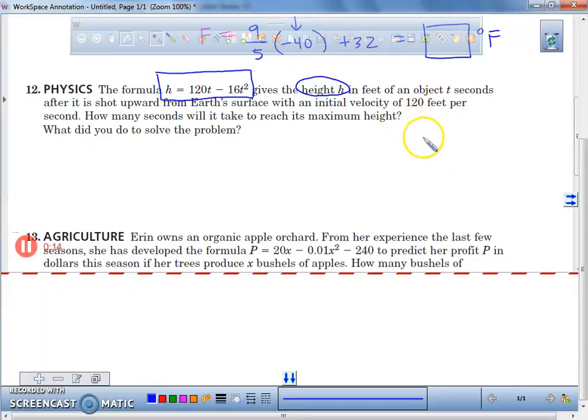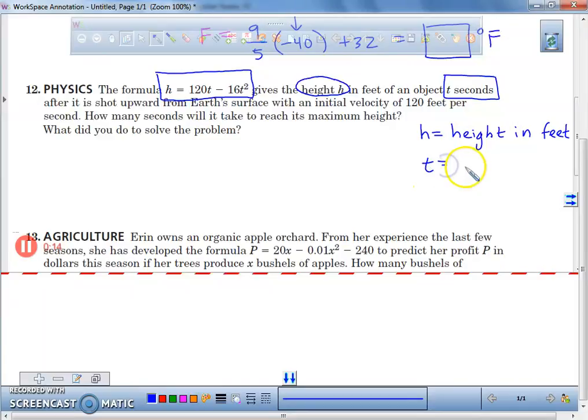So here's what I want you to do on your paper. Write down h equals height in feet. Always write down what the letters mean in a word problem. Of an object, t seconds. So what is t equal to? Time, seconds, right?